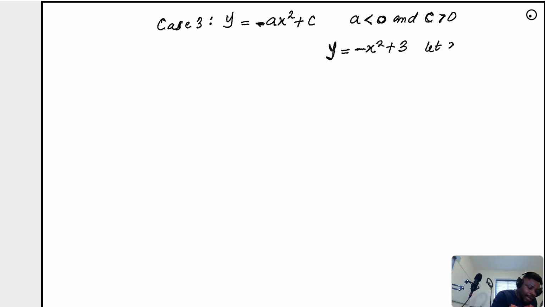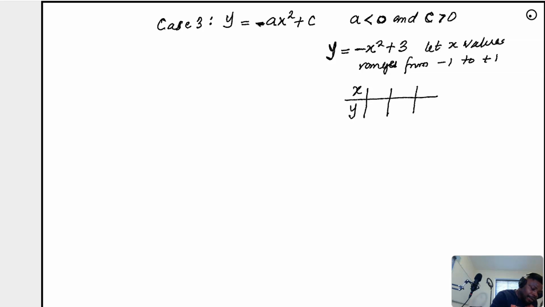So let the x value range from minus 1 to plus 1. So in that case, I have x and I have y. So I have minus 1, 0, 1. Let's get the y value. So y is equal to minus x squared plus 3.